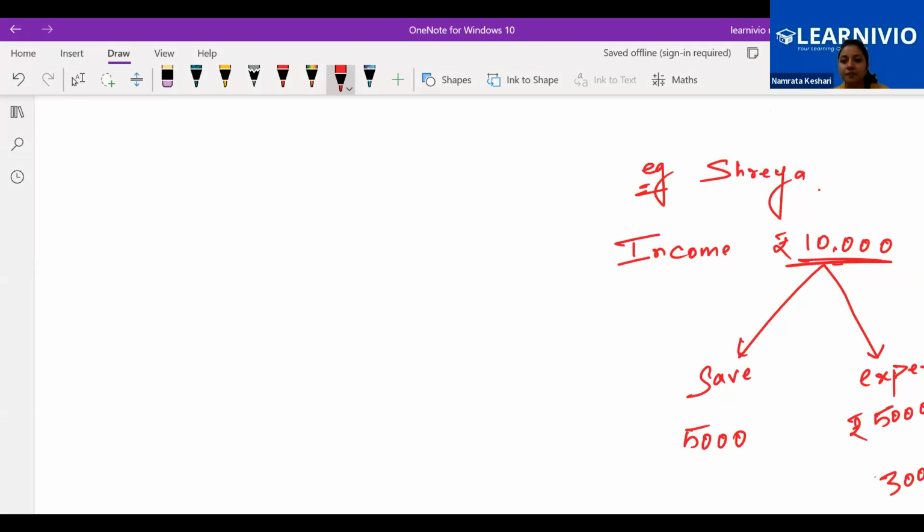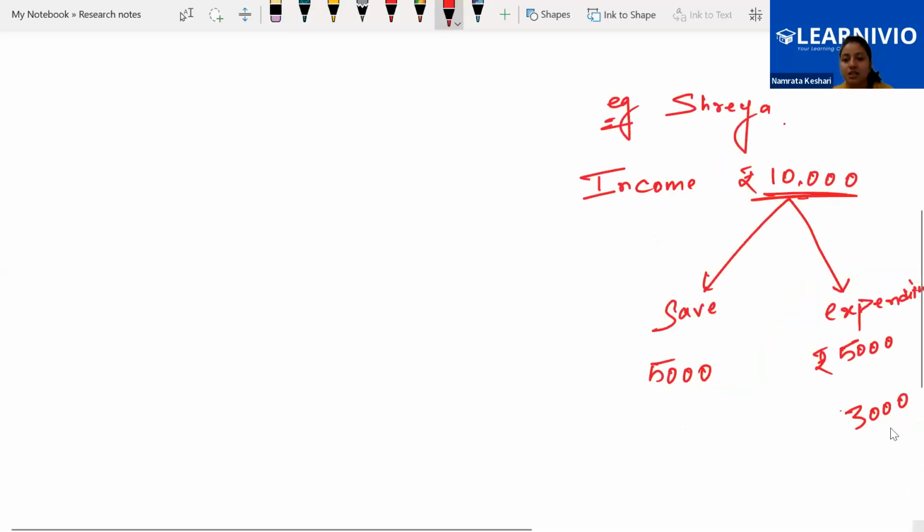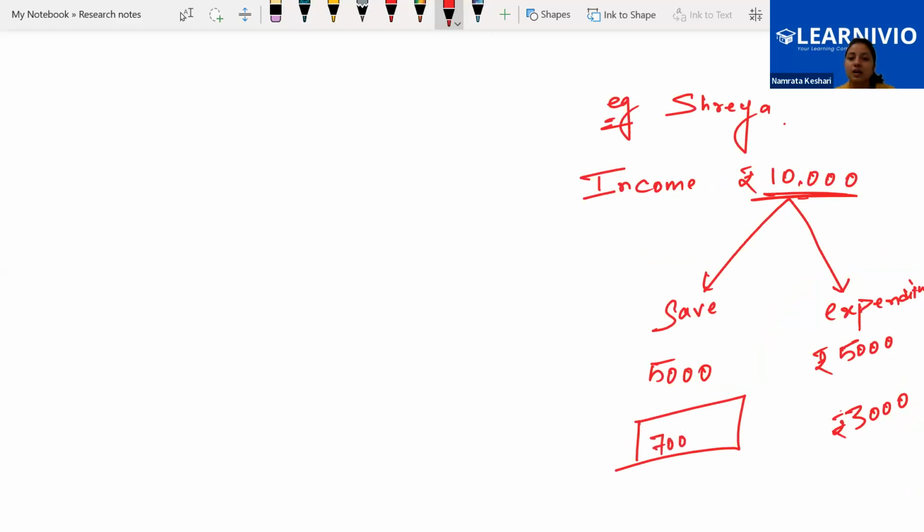I said that 10,000 is the income, and if she is spending 3,000 rupees, then what is the saving? 7,000. Exactly. So we can understand from this example that we are doing subtraction. Whatever is the expenditure, the rest of the amount she will be able to save.